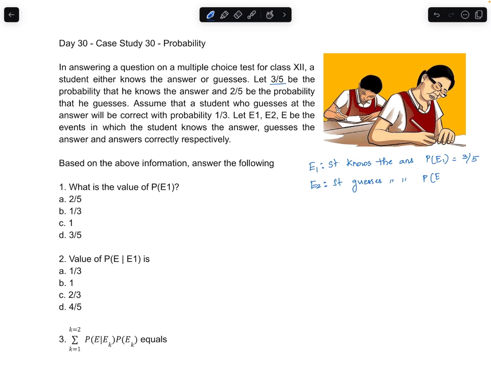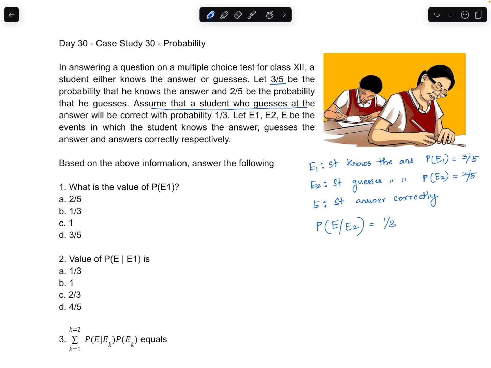P of E2 is equal to 2 by 5. E is student answers correctly. P of E given E2, that is, the answer is correct provided the student has guessed, is equal to 1 by 3.